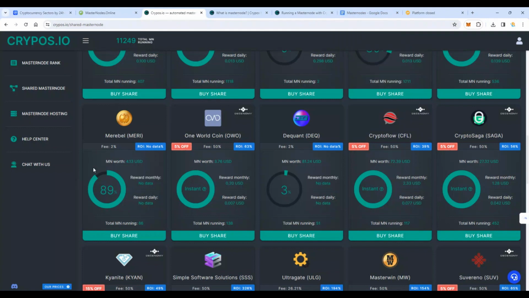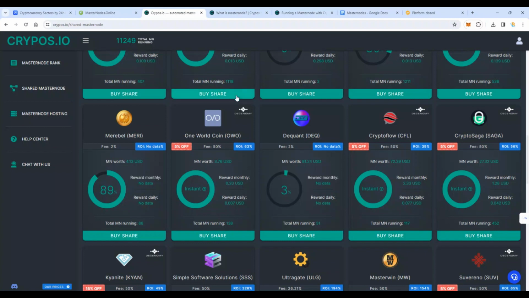Personally, I don't run them, because what I've realized with most of these projects that run these nodes is, number one, for a good masternode you will notice that you require a lot of money to be able to run a node. But others that offer you the shared masternode require you to have just a little amount as collateral.